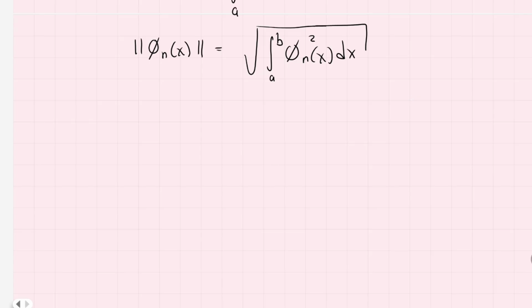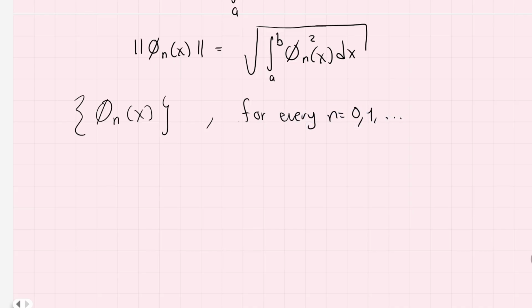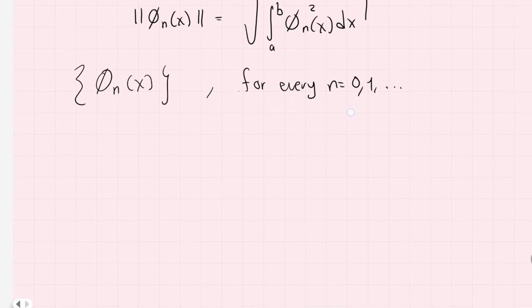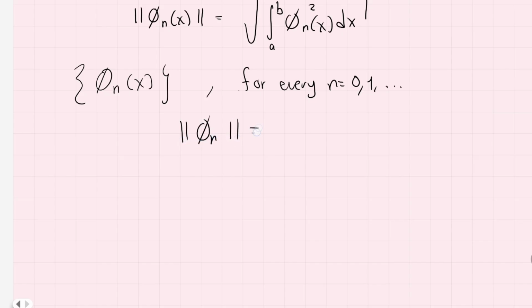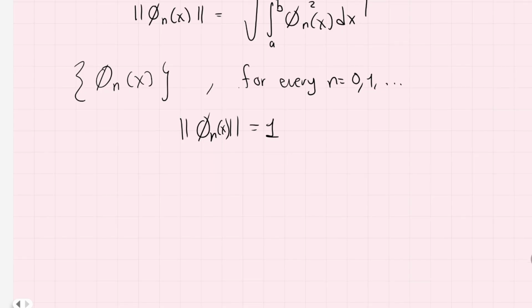So if we have our set of functions phi n of x, and this is an orthogonal set, and for every n from 0 to infinity we have that the magnitude of phi n of x is equal to 1, then we are going to say that this set is orthonormal.